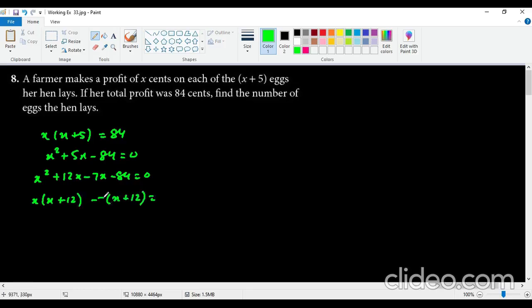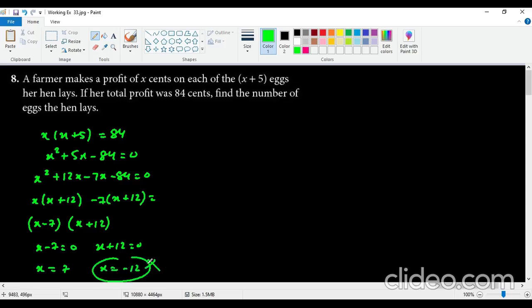So x minus 7 is the first factor and x plus 12 is the other factor. So x minus 7 equals 0, x plus 12 equals 0, and x equals 7. x equals negative 12 is not possible. So x will be 7, and 7 plus 5 is going to give us 12. This is the final answer for this question.